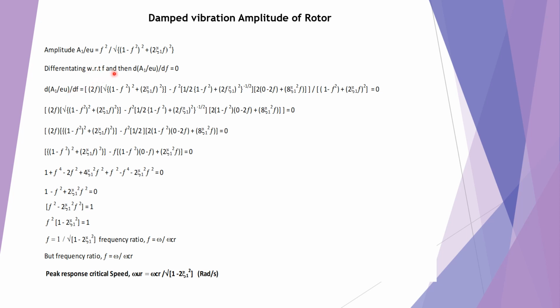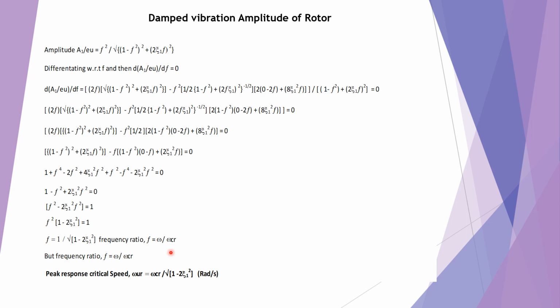After differentiation of this with respect to F and putting it to 0, this will give the peak response. On differentiation and simplification, we can write F is equal to 1 upon square root of 1 minus 2 zeta 1 square, where F is frequency ratio omega upon omega CR.